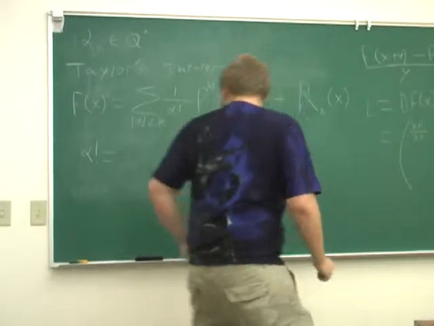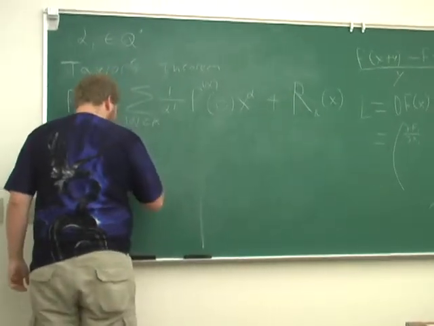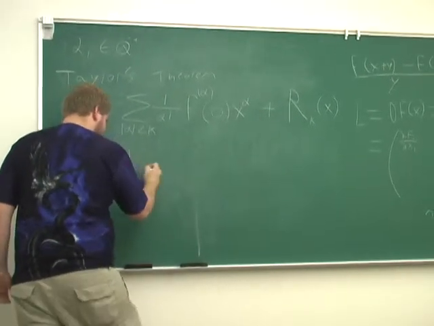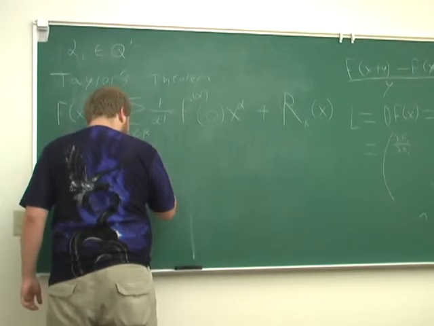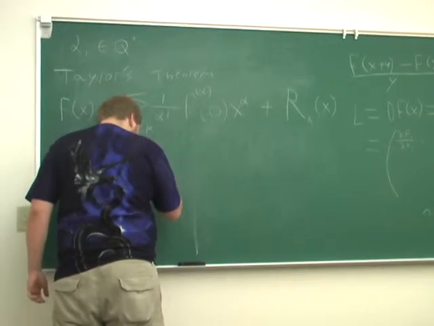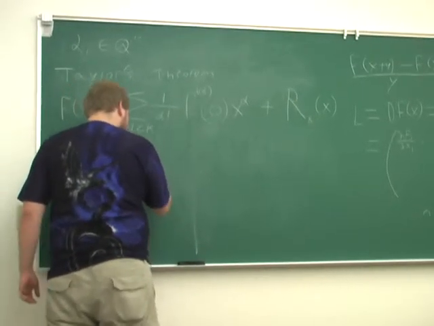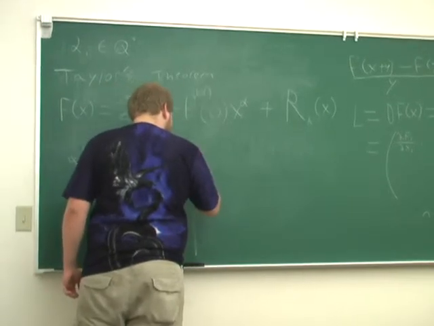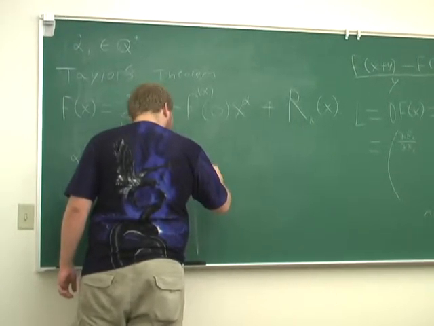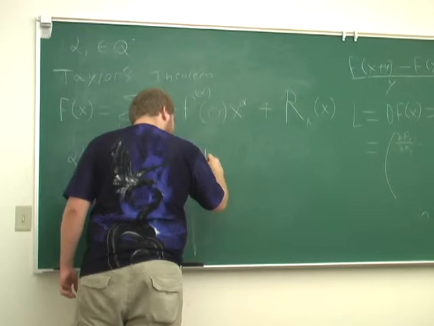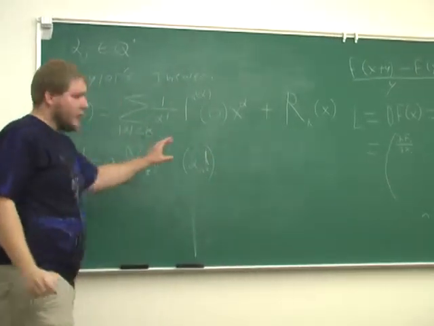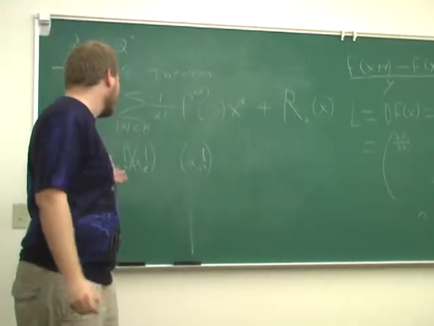Right, it's the factorial of each of the components of this alpha.